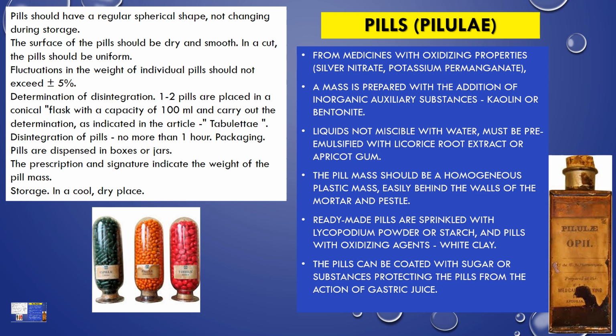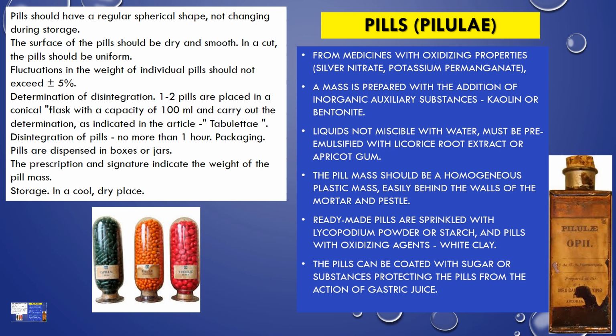From medicines with oxidizing properties such as silver nitrate and potassium permanganate, a mass is prepared with the addition of inorganic auxiliary substances such as kaolin or bentonite. Liquids not miscible with water must be pre-emulsified with liquorice root extract or apricot gum.